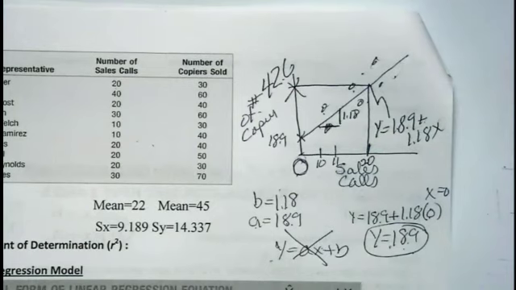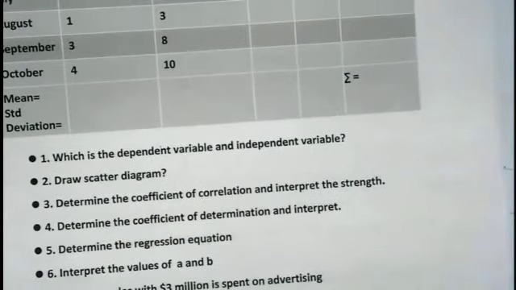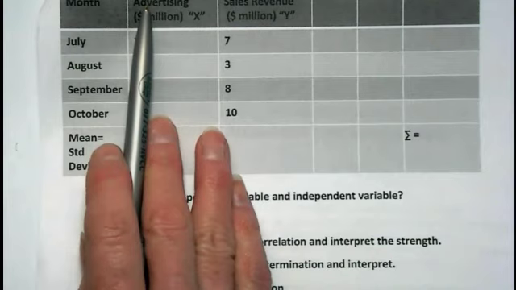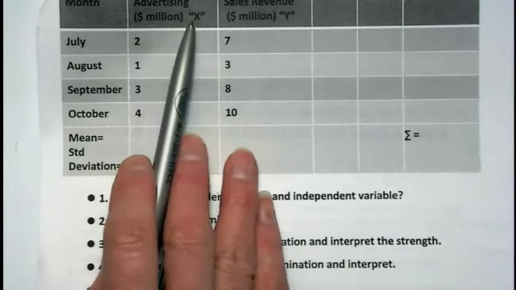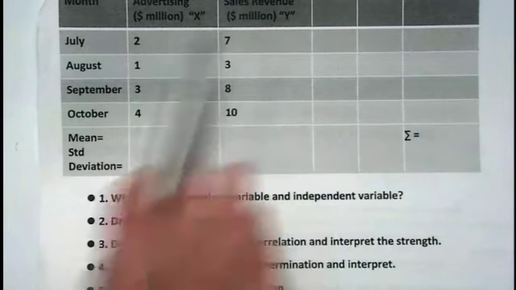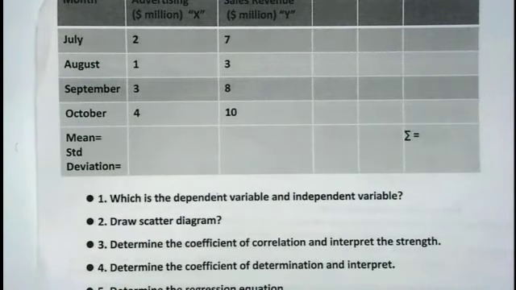Okay? That is the majority of what this chapter is about. I'll quickly do one more example that you have on your handout, and we're talking about advertising, how much money we spend on advertising, and is there a relationship to sales revenue. The other thing I want to point out, it's very important you understand dependent versus independent.